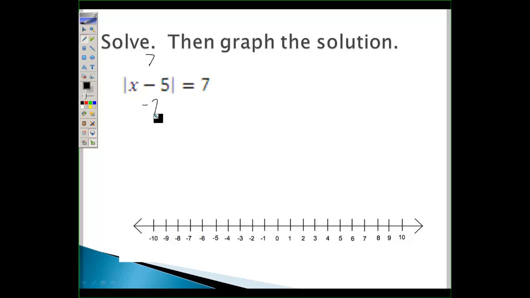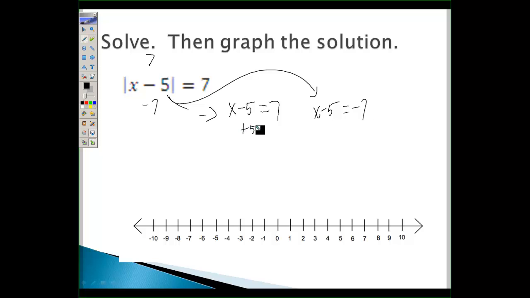But instead of just trying to figure it out in my head, I could say, all right, whatever's in this absolute value must be equal to 7. So I could write an equation: x minus 5 has to equal 7. Or I could say whatever is in this x minus 5 has to be equal to -7. So I could separate it into two parts, two equations.